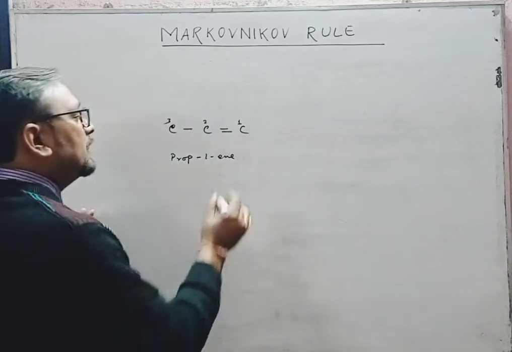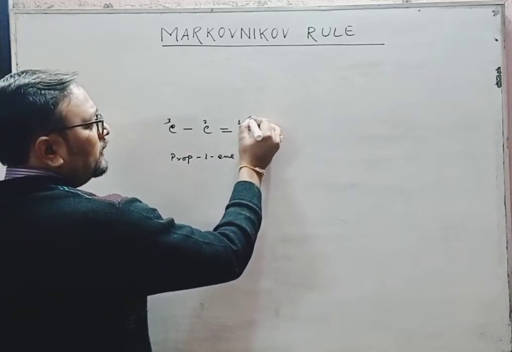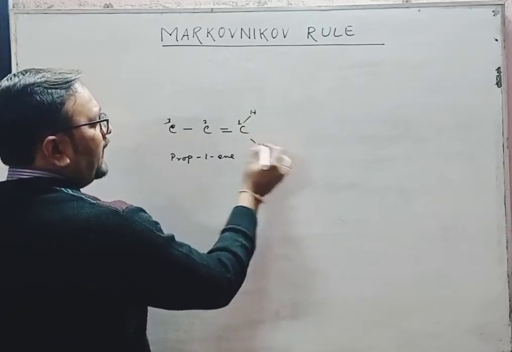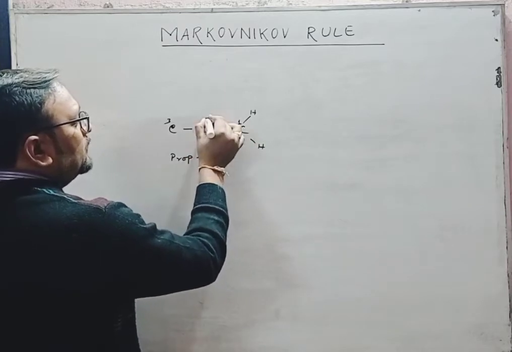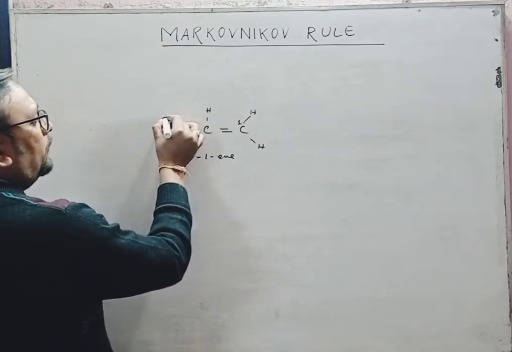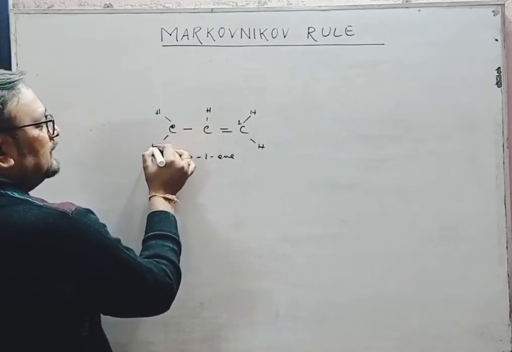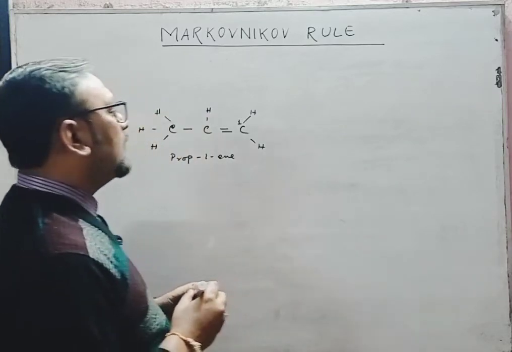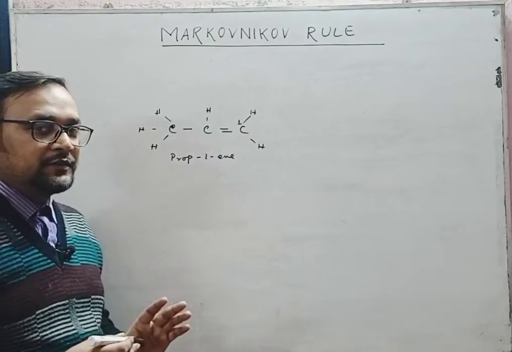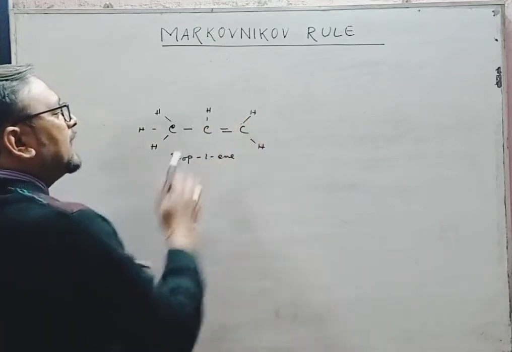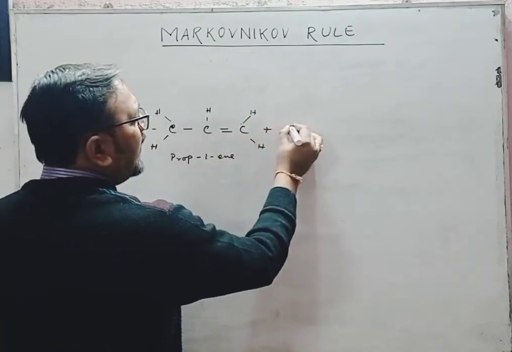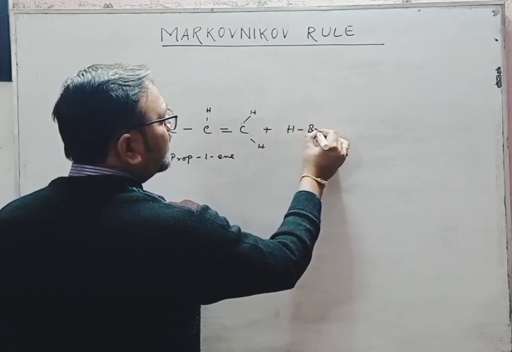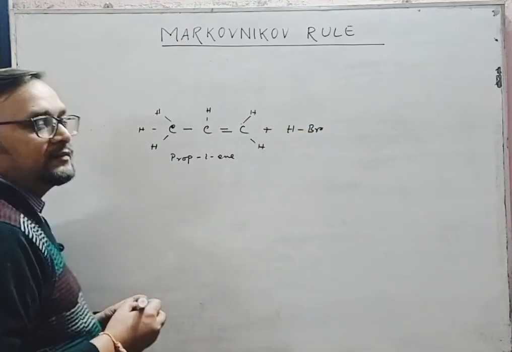Now let me keep the hydrogen also, because these are very important. Here the role of the hydrogen is very important in this rule. So I have already completed giving the hydrogen. Now imagine that I have to add HBr, hydrogen bromide, with this.